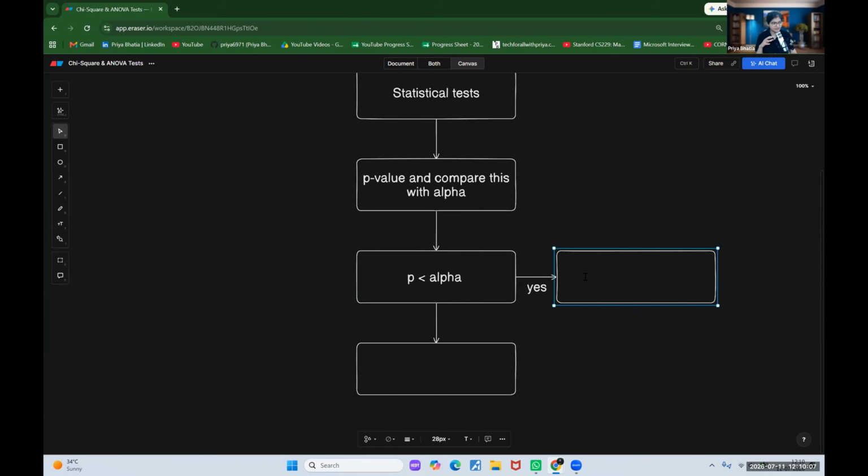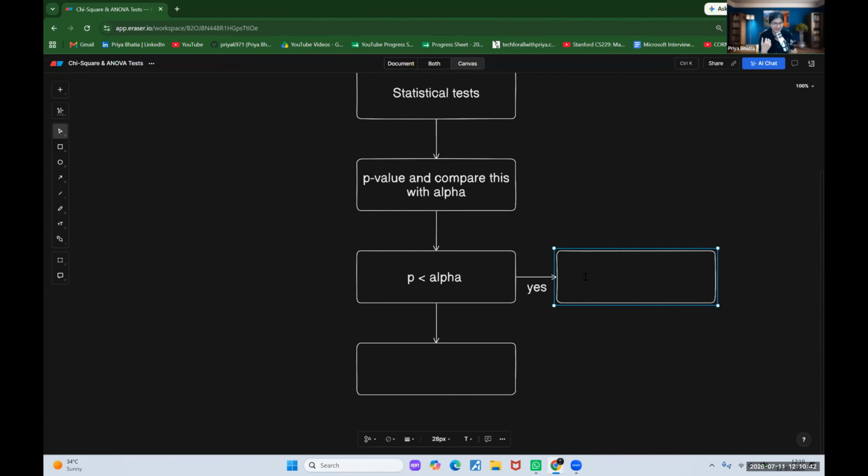If this is yes, what will you conclude? We have seen that the p value is a measure related to the null hypothesis, an estimate of the probability. If this value of p is greater than alpha itself, obviously we cannot reject the null hypothesis. One more thing we have understood in our previous discussion is that our whole analysis is entirely based on the null hypothesis.